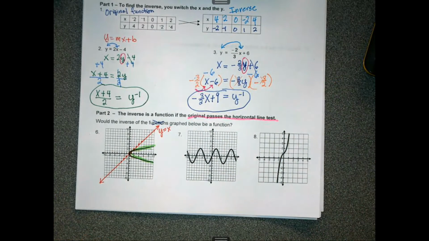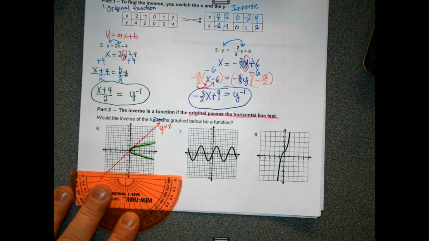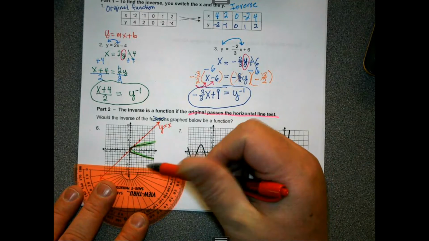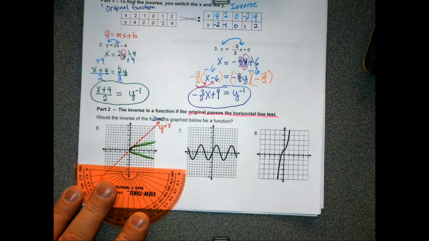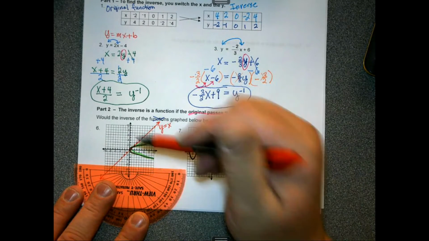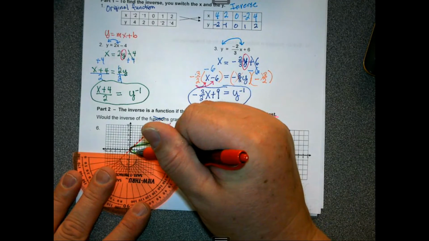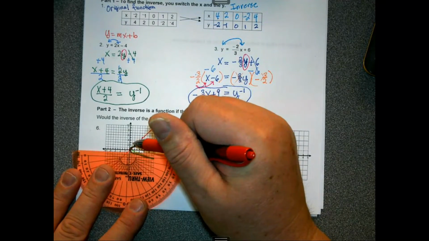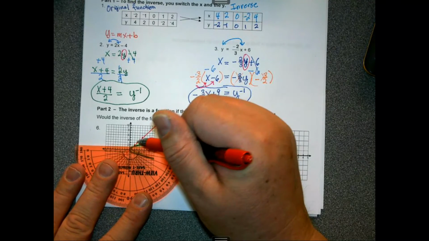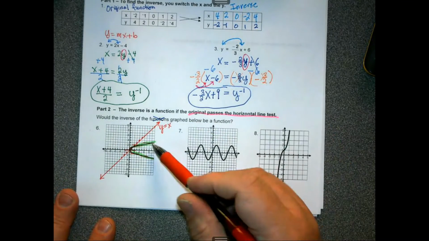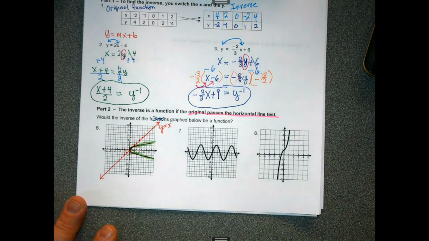So here's my horizontal line. Remember the line tests? They can only intersect the graph at one point, right? So if I have this horizontal line, does it only intersect this graph at one point? Yes.